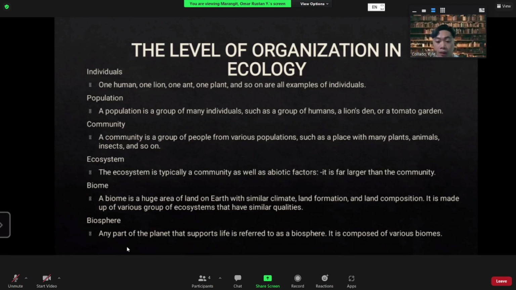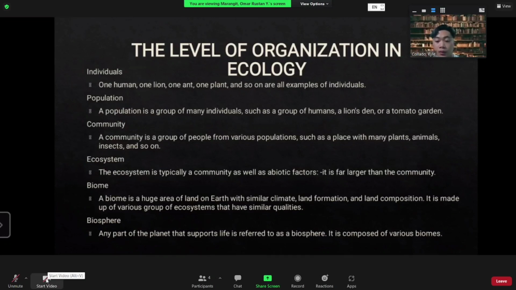Biome. A biome is a huge area of land on Earth with similar climate, land formation, and land composition. It is made up of various groups of ecosystems that have similar qualities. Biosphere. Any part of the planet that supports life is referred to as a biosphere.